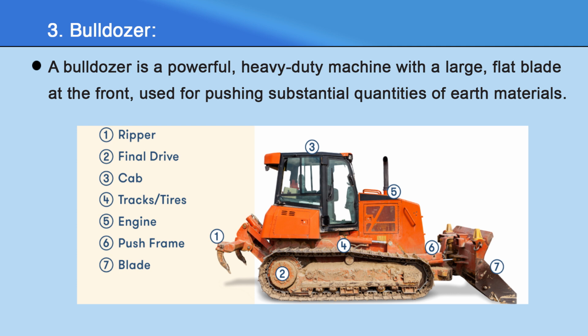Second, tracks. Continuous treads that provide stability and traction, allowing the bulldozer to move over rough terrain. Third, ripper. A claw-like device at the back of some bulldozers used for breaking up hard soil or rocks.